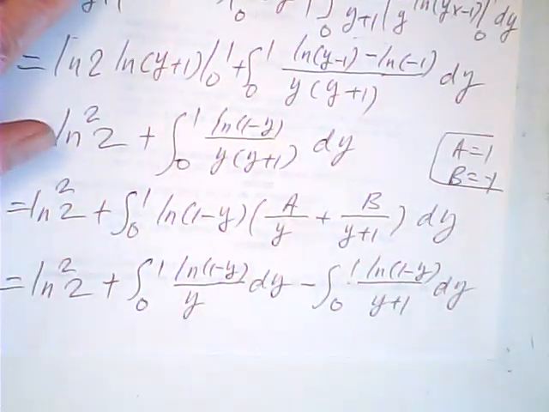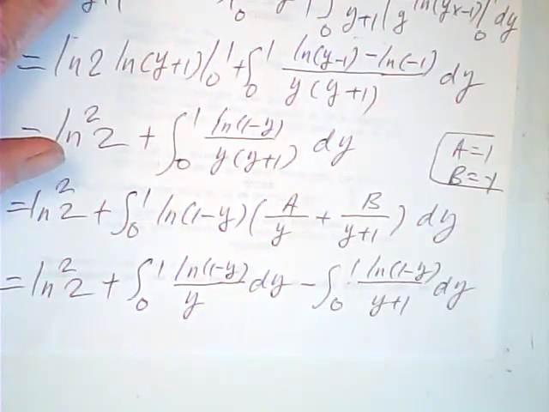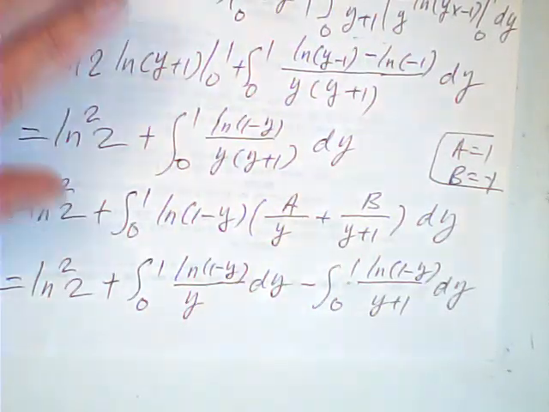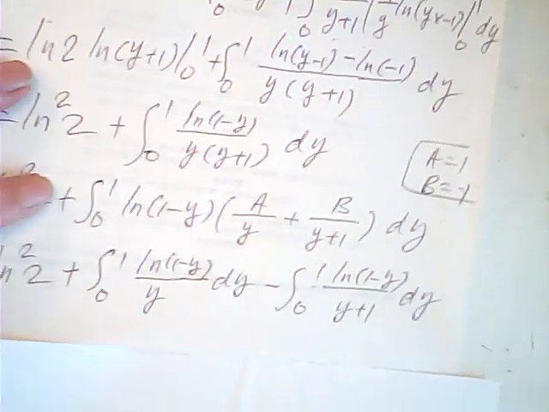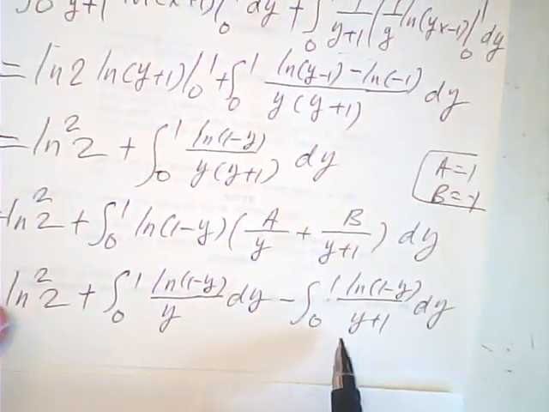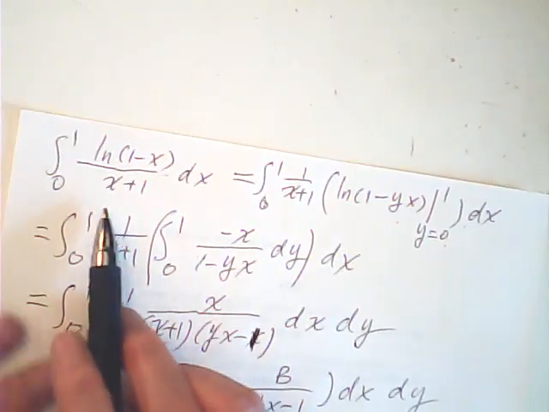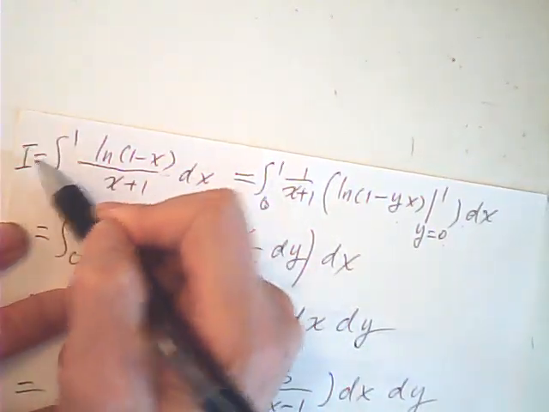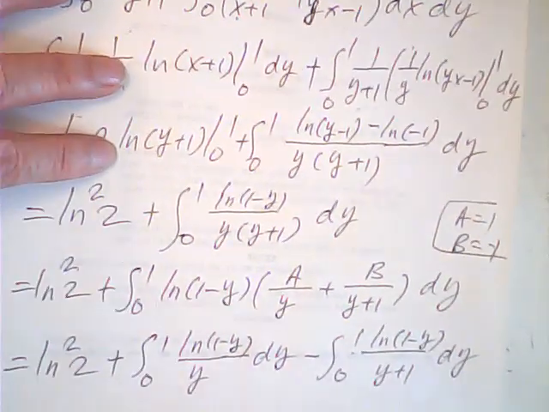Wow, very good. Now this one is the same as my target integral, I. This one and the other one are the same. Well, x might just be a dummy variable, right?